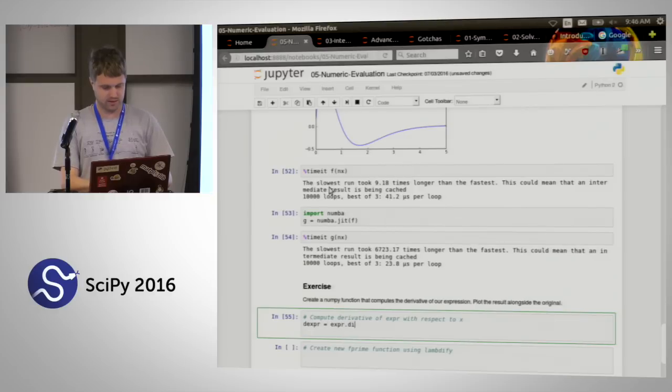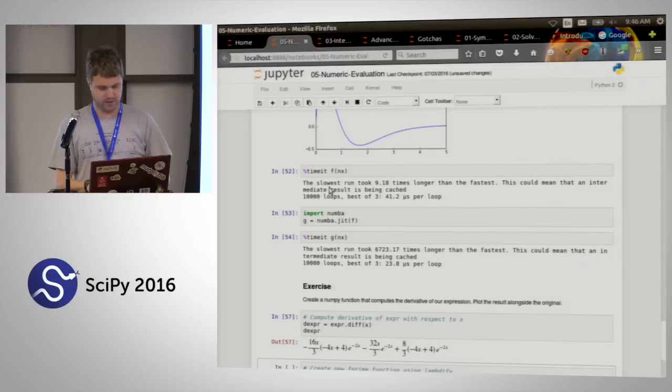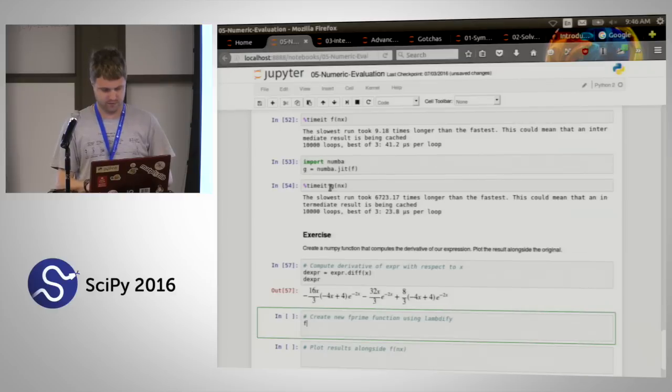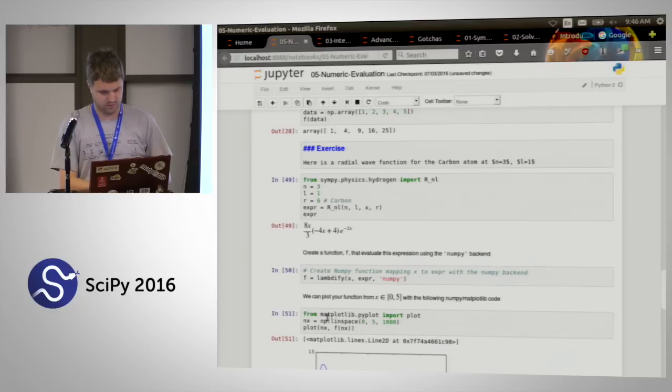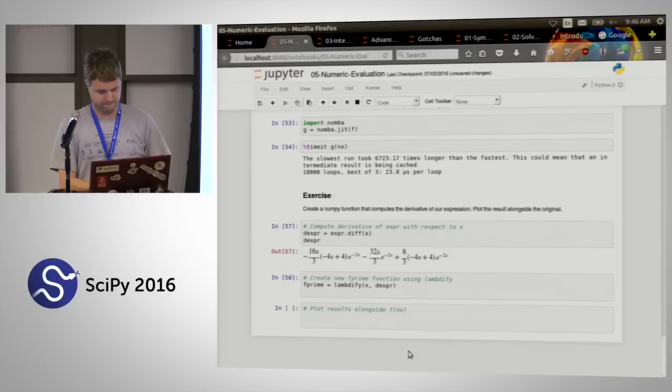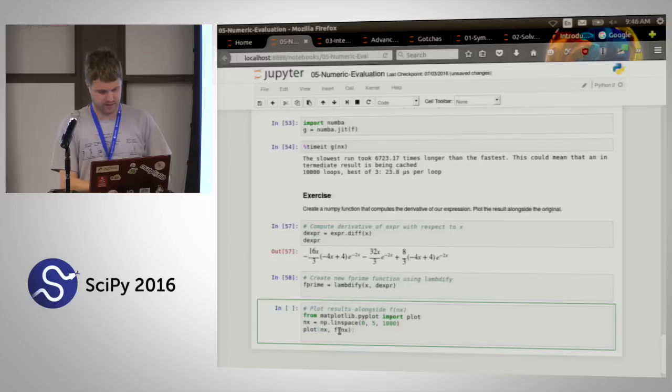So let's do this exercise. So here's a derivative of the expression, f prime of x, right, and so let's take this, copy, paste.